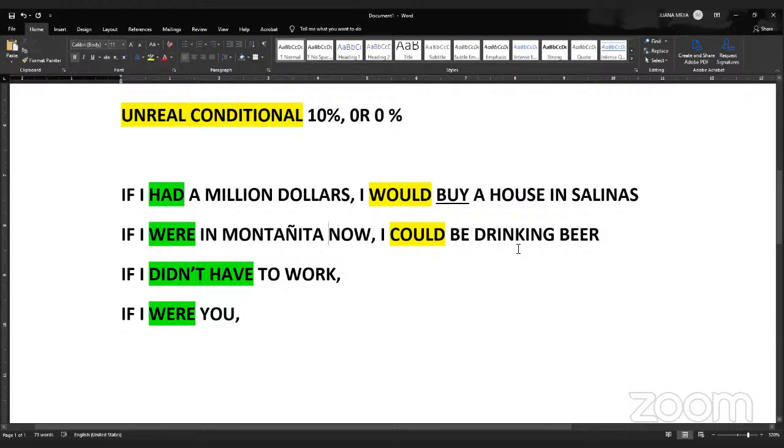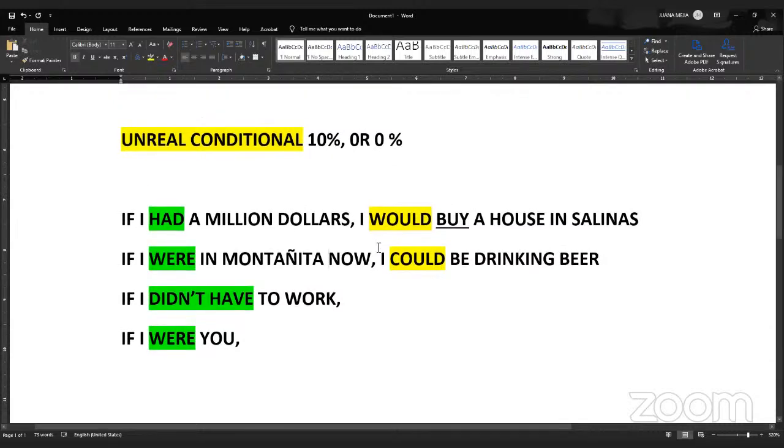Los modales en el segundo condicional pueden ser 3. Would, could, or might. Comúnmente son could y would, siendo would el más utilizado en el segundo condicional. If I were in Montañita now, si estuviera en Montañita ahora, podría estar bebiendo cerveza. Okay. If I were in Montañita now, I could be drinking beer.